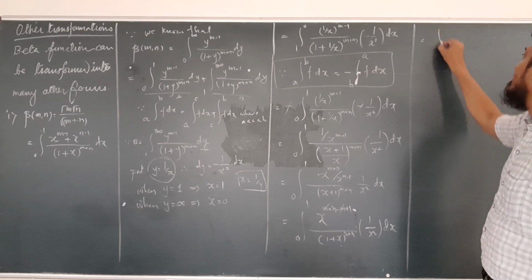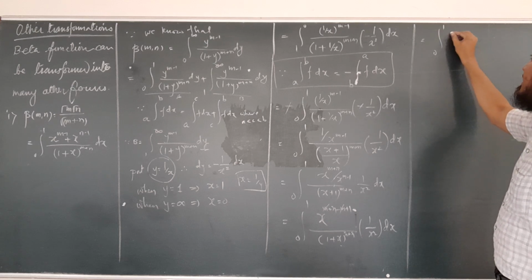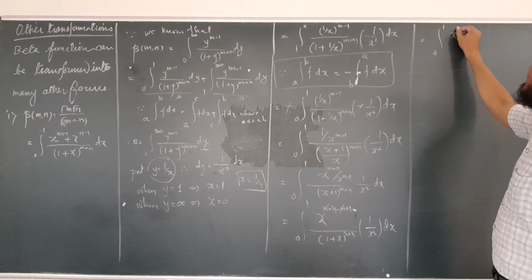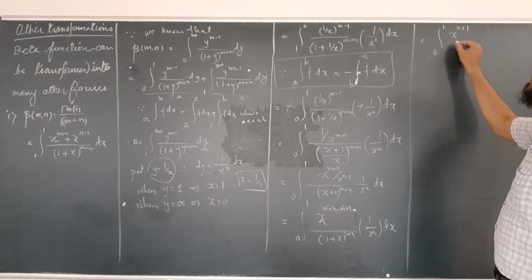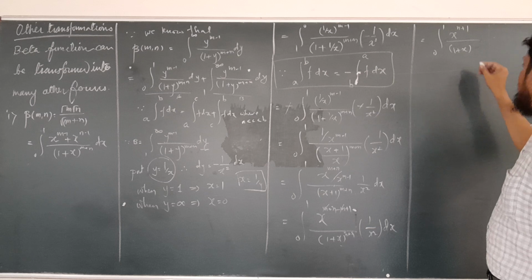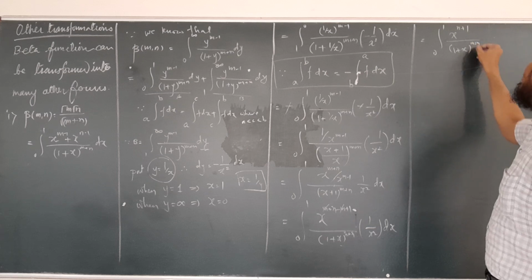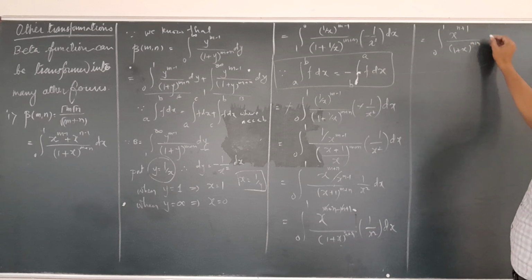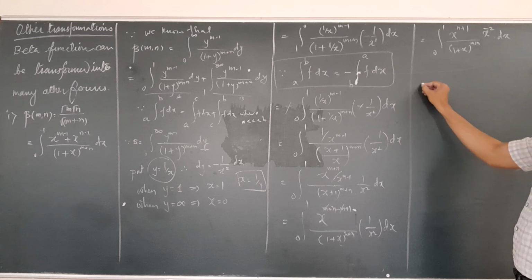We will get integration from 0 to 1 x raised to n plus 1 upon 1 plus x raised to m plus n, and this 1 upon x square becomes x raised to minus 2 dx.